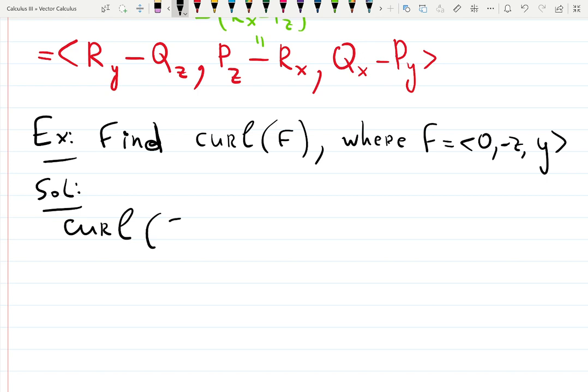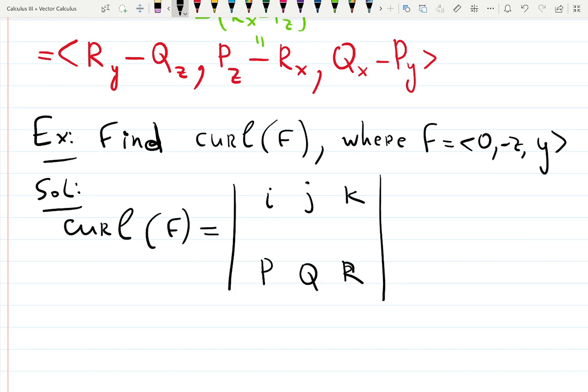Curl of f. So again, without seeing a formula above, I will just build a determinant. I remember how it works. i, j, k. I remember it's P, Q, R, like in the alphabet, right? And then it's derivative with respect to x, y, and z. So partial derivative with respect to x, y, and z.